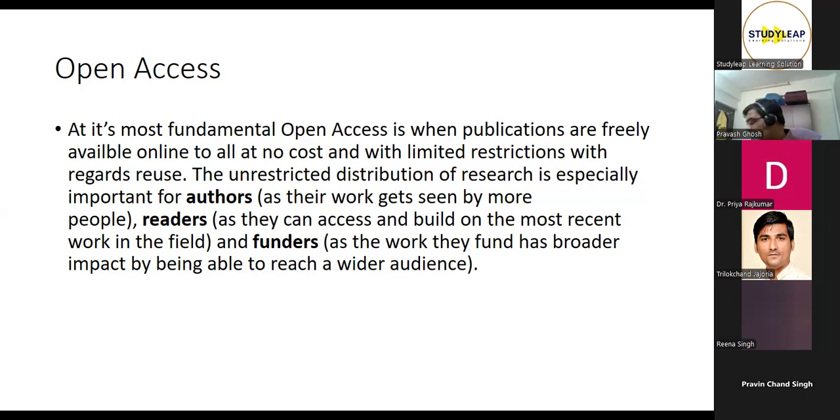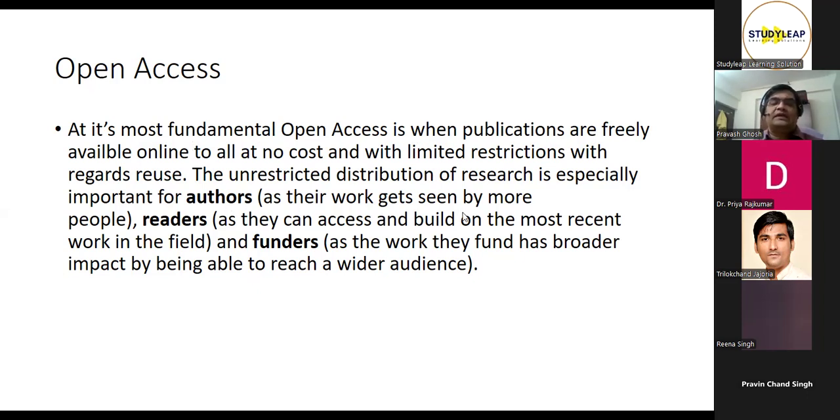Okay, so we are almost at the last topic, as I told you, open access, right? You can see the utility of open access, why researchers are going for open access. If you can read this: at its most fundamental, open access is when publications are freely available online to all at no cost and with limited restriction with regards to use. How is the author benefited when publishing in open access?